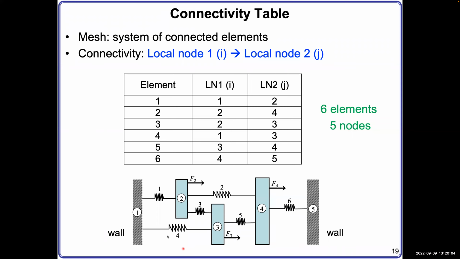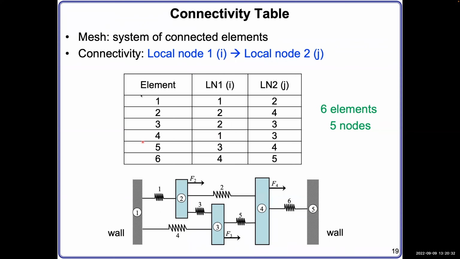Element number 4 has left-hand side node 1, right-hand side node 3. So 4, 1, 3. Element number 5 has node number 3, node number 4. So 5, 3, 4. Element 6 has node number 4, node number 5. So 6, 4, 5.